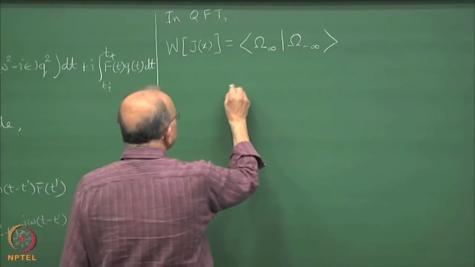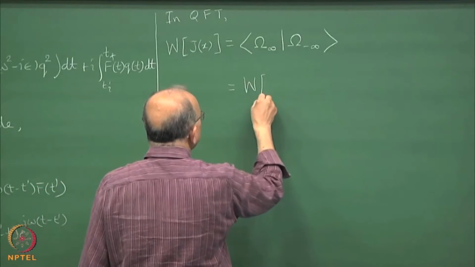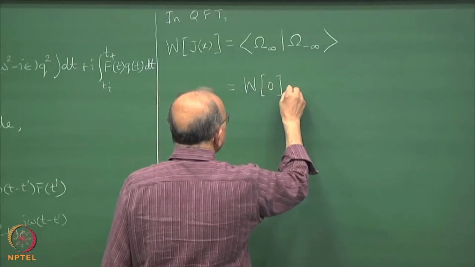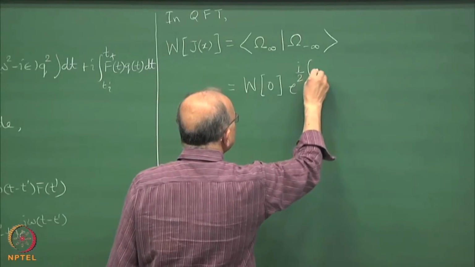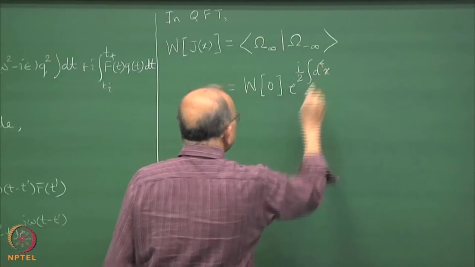And that has the form W of 0 times e raised to I over 2 and integral d4x.